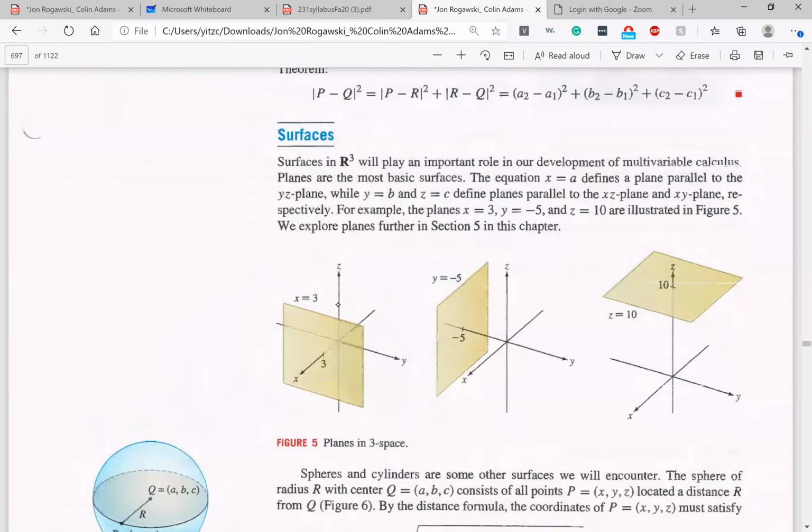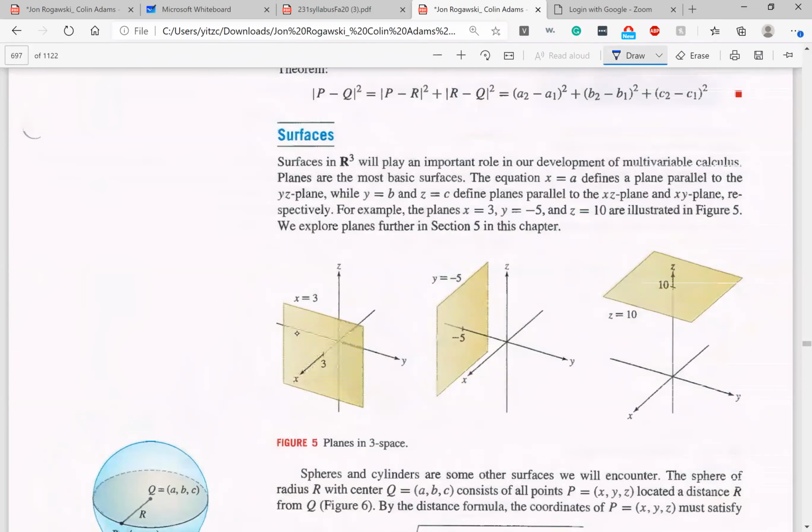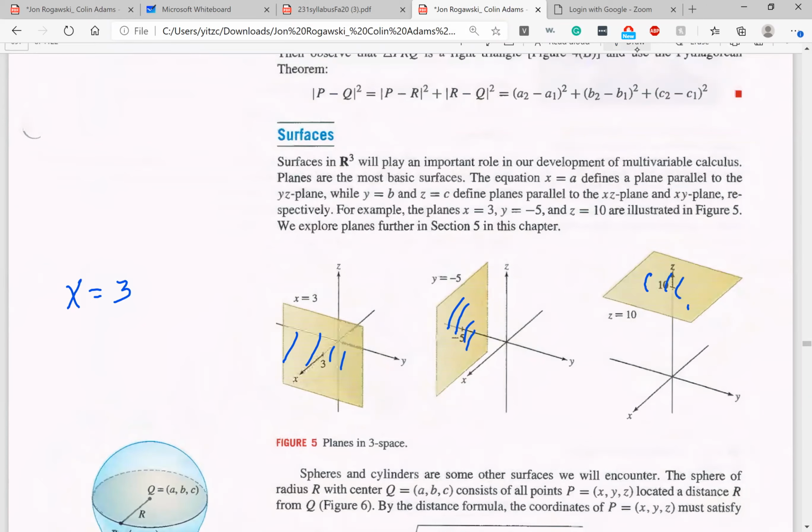You can set x to 3, and then you get this plane over here. And yeah, so this comes about when you set x is equal to 3. You can set y is equal to -5. Then you get this plane. You can just set z is equal to 10, and then you end up getting that plane.